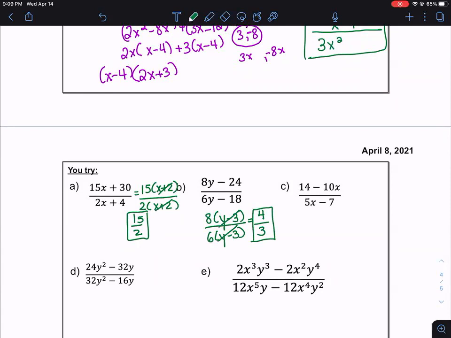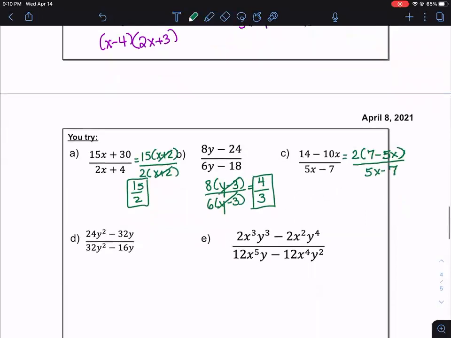Finally, for C, there is a GCF of 2 in the numerator, leaving us with 7 minus 5x. And in the denominator, 5x minus 7. There is that a minus b over b minus a scenario. So we will reduce to a -1.